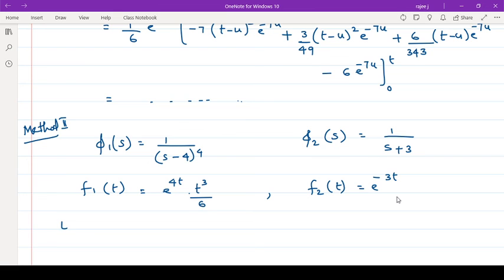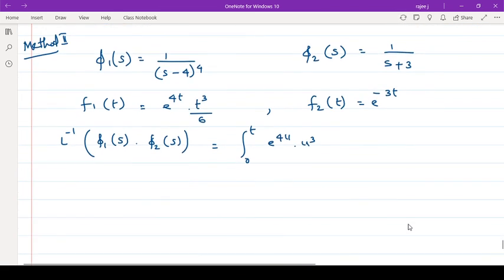Now if we apply the convolution theorem here, it will be integral 0 to t f1 of u, so e raised to 4u into u cube divided by 6, into f2 of t minus u. So this is f1 of u into f2 of t minus u, means e raised to minus 3 into (t minus u). This is comparatively easy there.